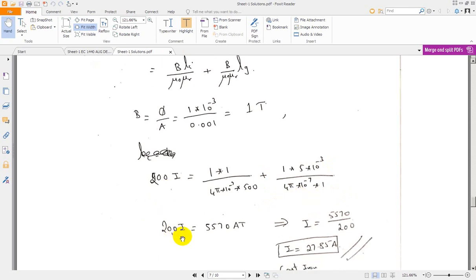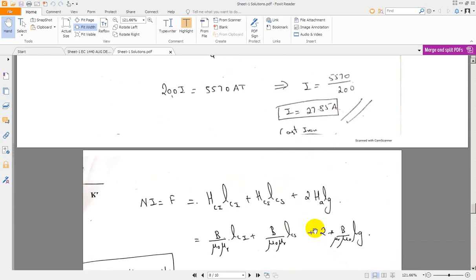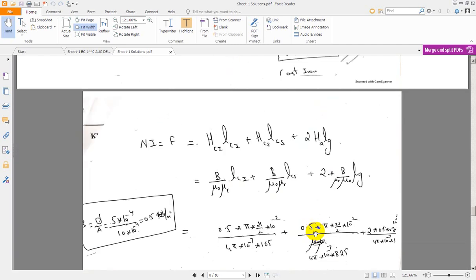Evaluating, 200 I is equal to 557 ampere turns. From here I will be equal to 27.85 amperes.